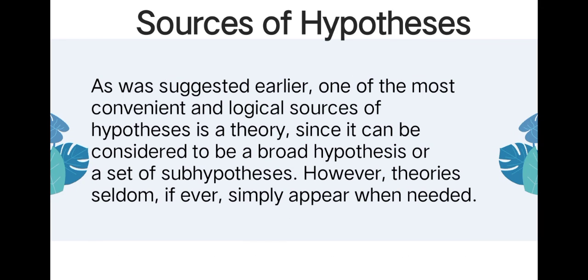Sources of hypothesis. As was suggested earlier, one of the most convenient and logical sources of hypothesis is a theory, since it can be considered to be a broad hypothesis or a set of sub-hypotheses. However, theories seldom, if ever, simply appear when needed.